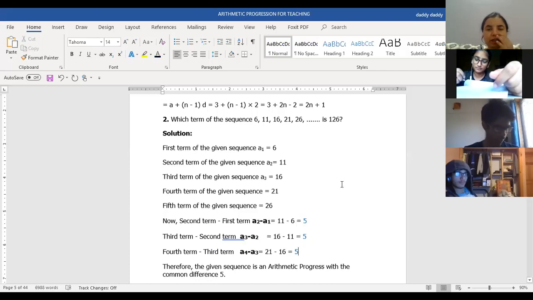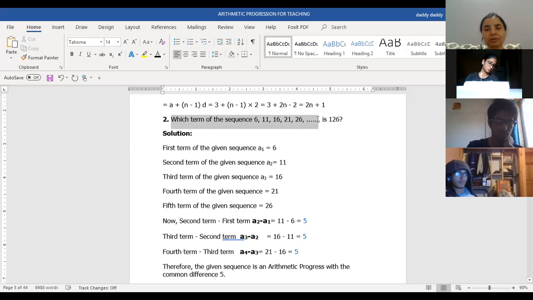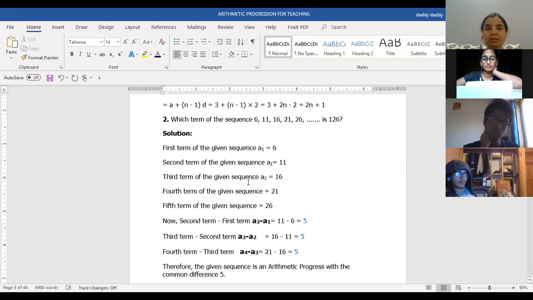So basically what they have done is, over here, they have not mentioned the name of the sequence. If they don't mention the name, that means you need to check and find out. It doesn't usually happen, but sometimes the sequence might not be an AP, and then you will not be able to apply the formula of AP. So first we need to be sure.